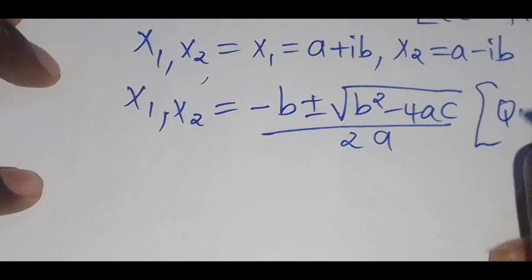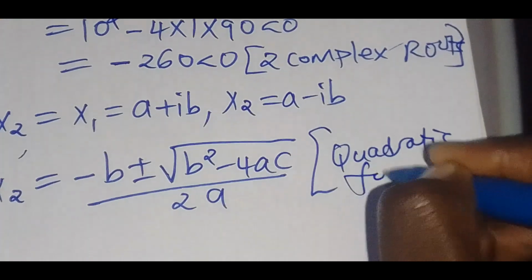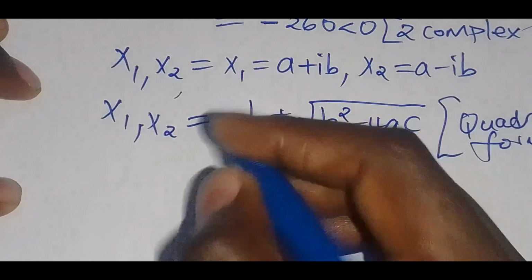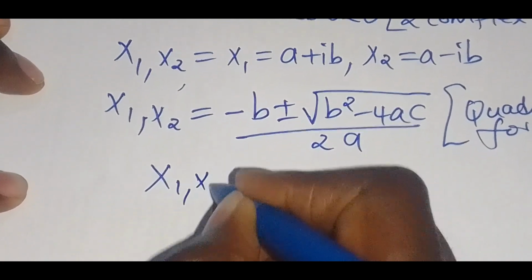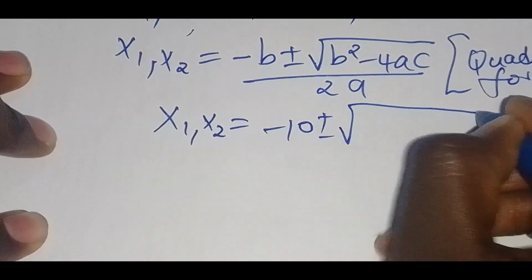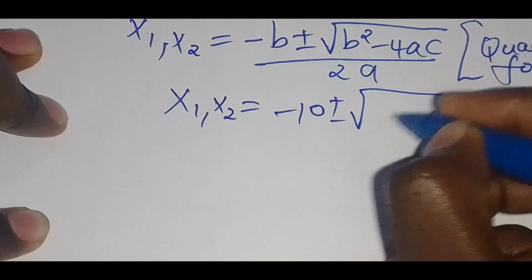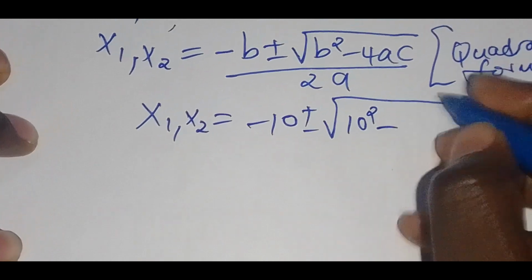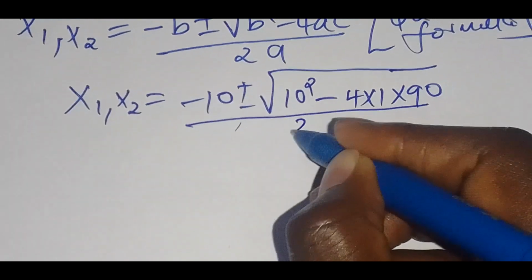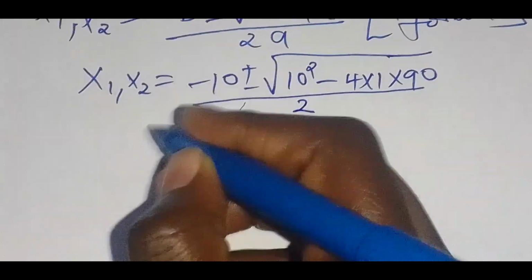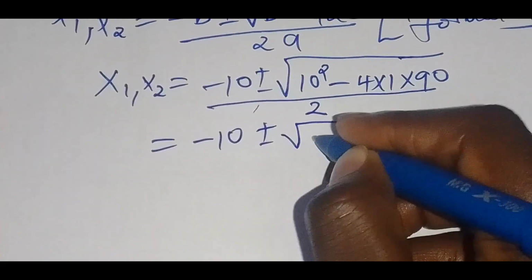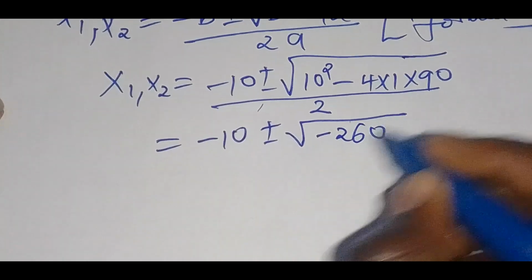So x1, x2 is equal to minus 10 plus or minus the square root of 10 squared minus 4 times 1 times 90, divided by 2, which is minus 10 plus or minus the square root of minus 260, divided by 2.